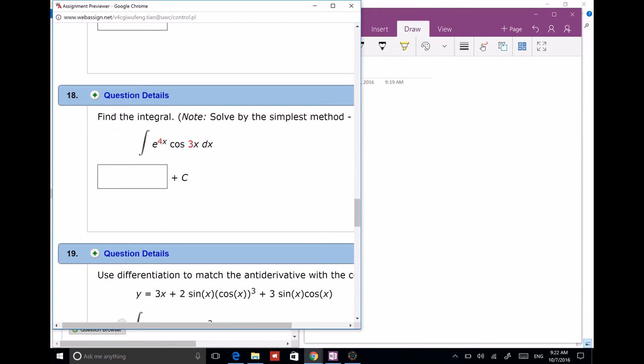Number 18, okay. Number 18 is probably one of the difficult ones over the previous 18 problems. I would like you to try number 18 again. This is the one I did yesterday.